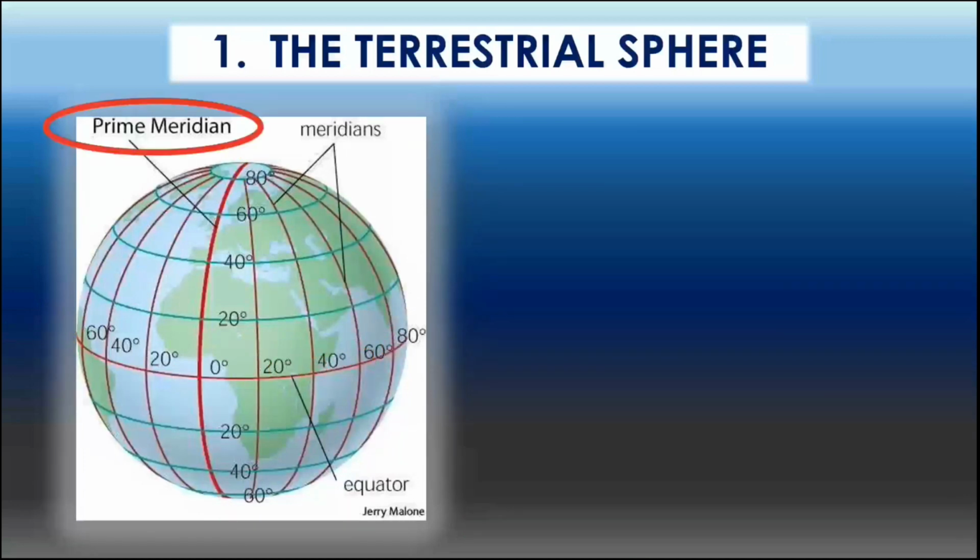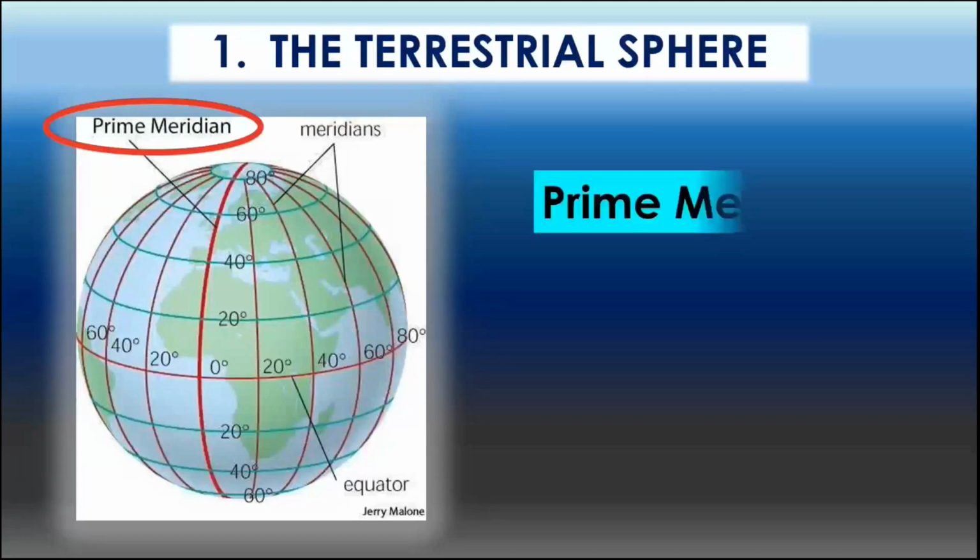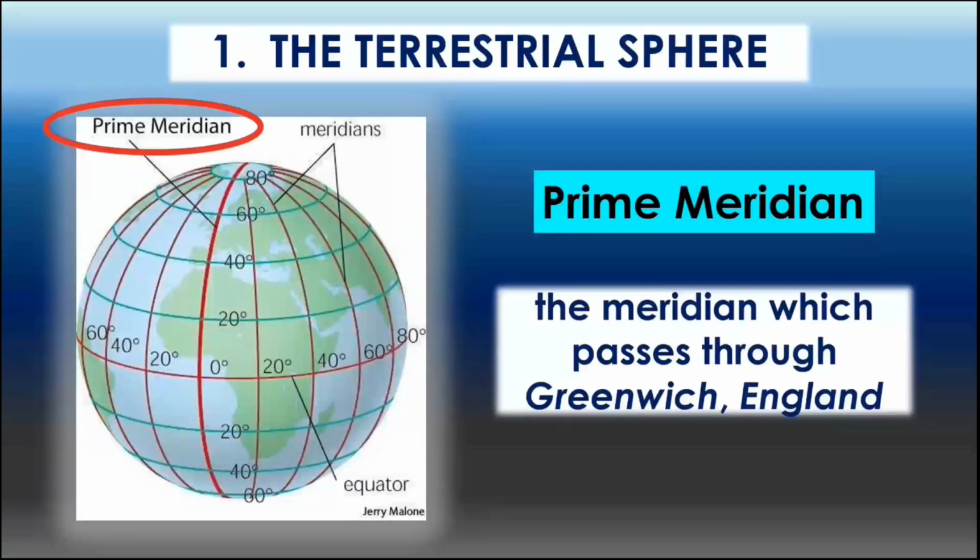Next, we have the prime meridian. The prime meridian is the thick meridian that you can see in this illustration. The prime meridian is a meridian which passes through Greenwich, England.